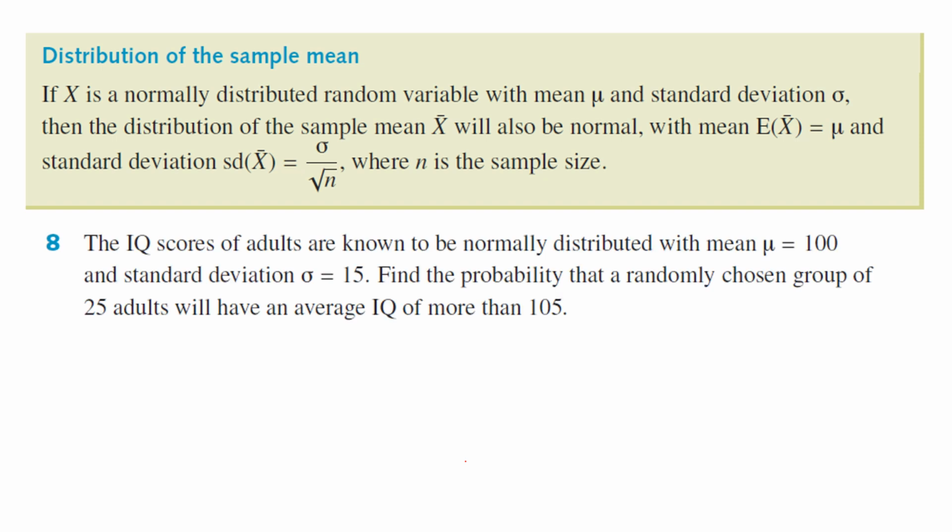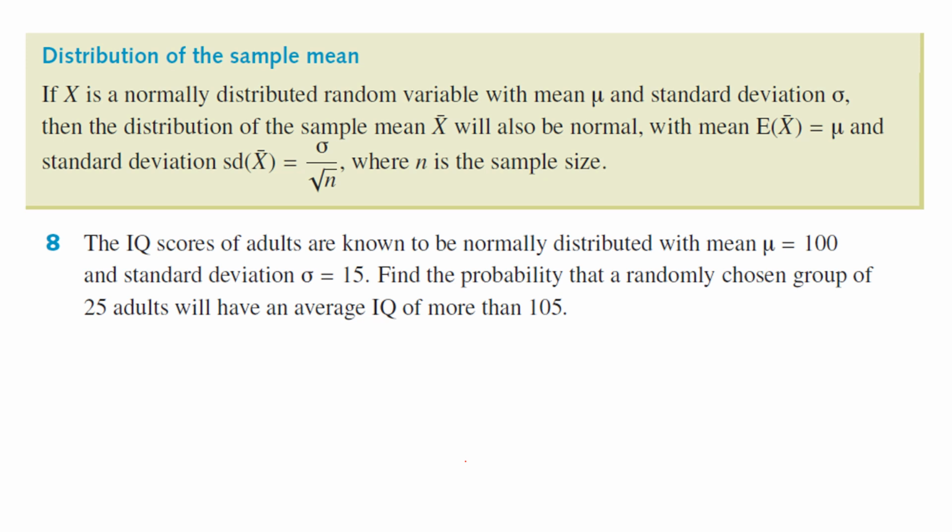IQ scores of adults are known to be normally distributed, as we've seen and discussed many times. Mean 100, standard deviation 15. Find the probability that a randomly chosen group of 25 adults will have an average IQ of more than 105.